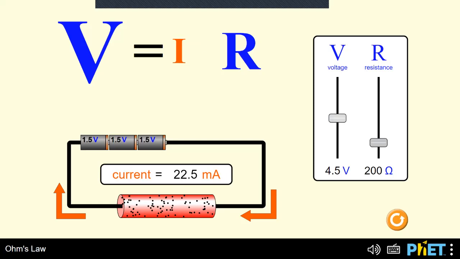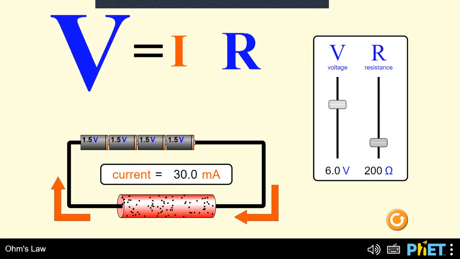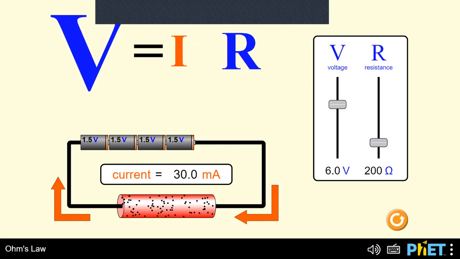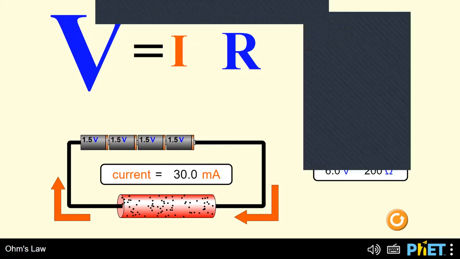So this is how the relationship works; now I have 6 ohms and the amount of current also increases. The greater the voltage, the greater the amount of current that will flow. That's the relationship between voltage, current, and resistance presented in Ohm's law.